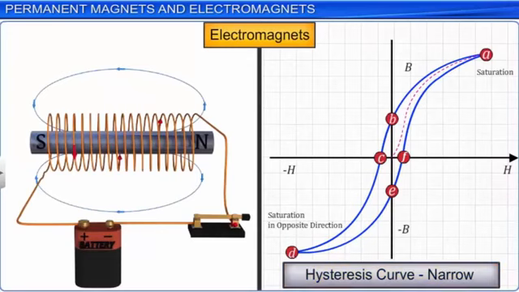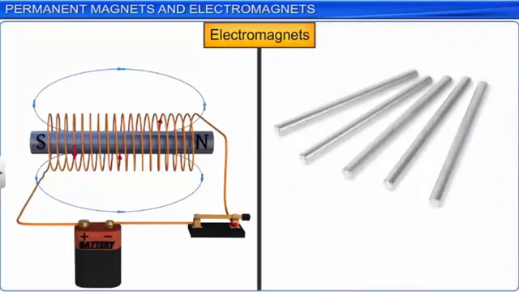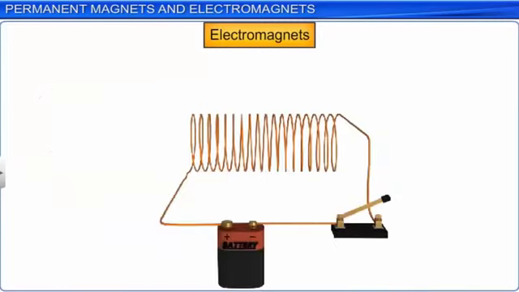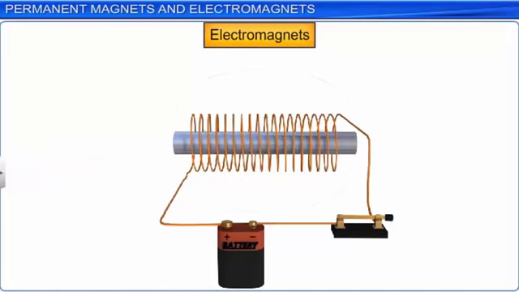Considering all these properties, soft iron is the most suitable material for making electromagnets. Place a soft iron rod in the core of a solenoid and pass current through it. The magnetism of the solenoid increases by many times due to the soft iron rod in the core of the solenoid.